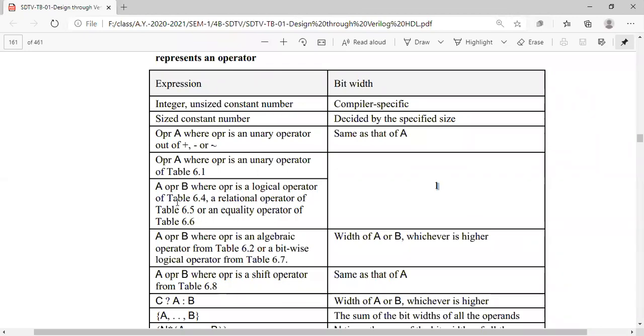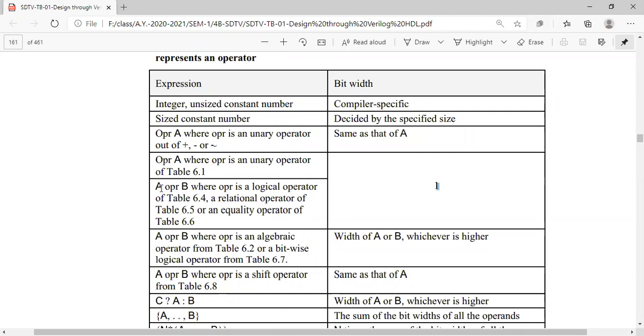Or, and greater than or lesser than, the result for greater will be either 1 or 0, like if C is greater than A plus B.